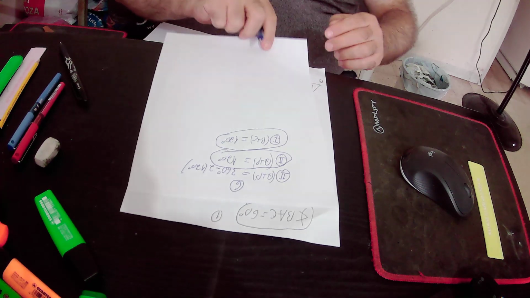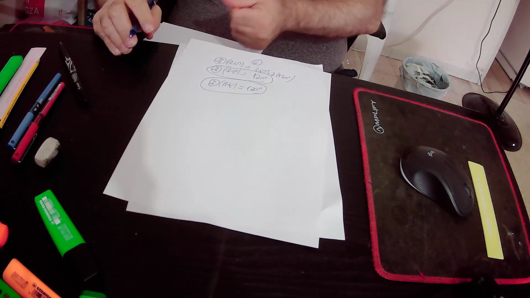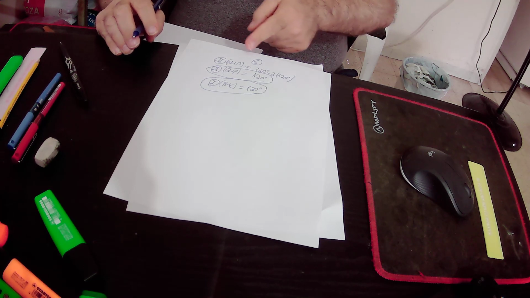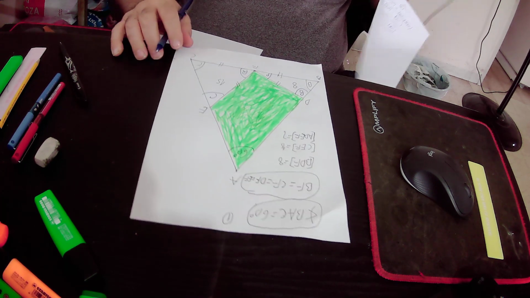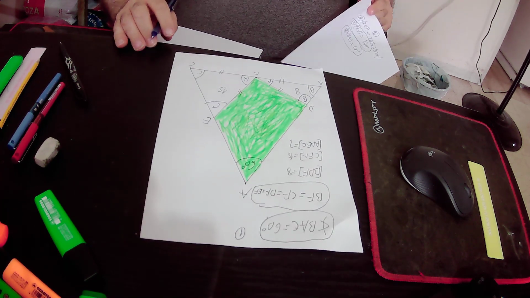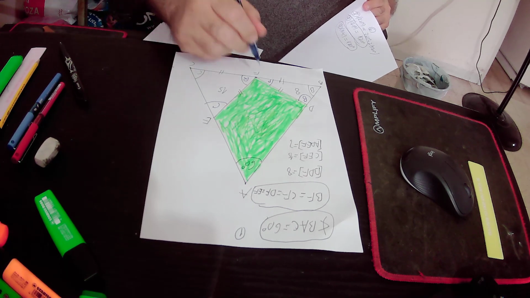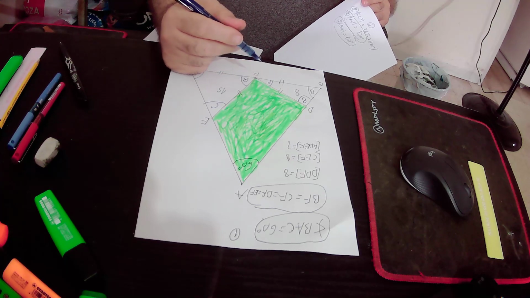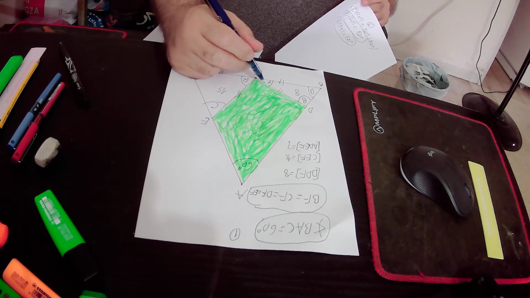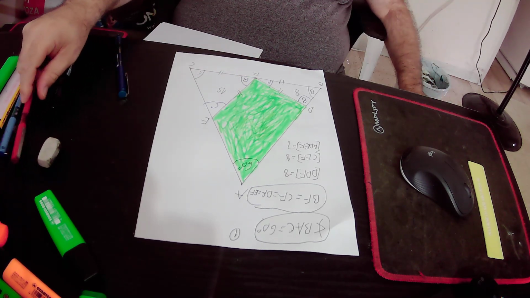So you have these two equations: B plus C equals 120 degrees and Q plus P also equals 120 degrees. In the next step we will find the size of angle EFD.